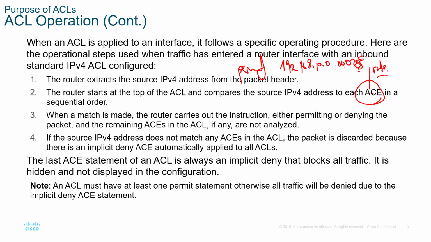Number three, when the match is made, the router carries out the instruction, permitting or denying. Number four, if the source does not match, we have what we call an implicit deny. So you realize ACLs can be very tricky. Once you configure an ACL which permits this traffic, then any other traffic will be denied.